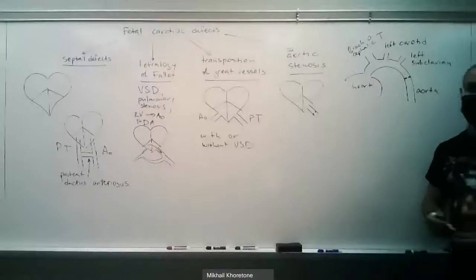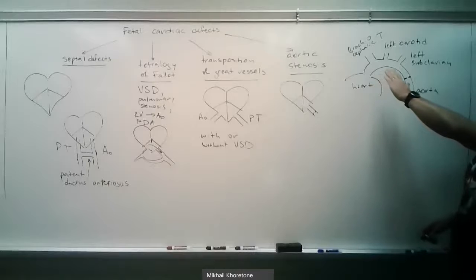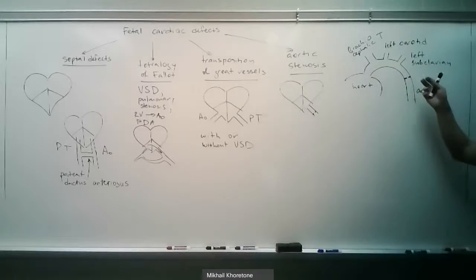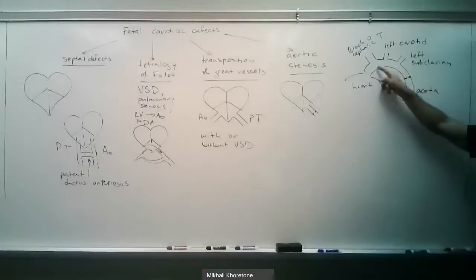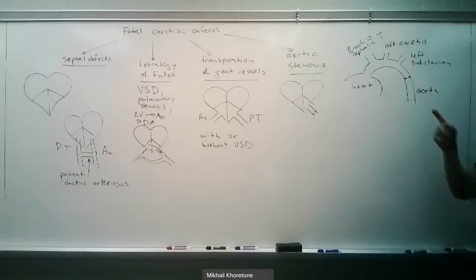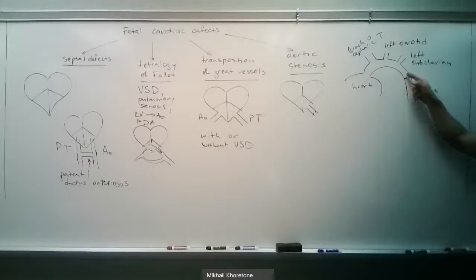Now imagine there is a stenosis here. The blood is pumped from the left ventricle, goes into the aorta, then encounters that obstacle. How do you think this obstacle will change the pressure in that part of the aorta? Yeah. So you immediately have an increased blood pressure here. Does that make sense?